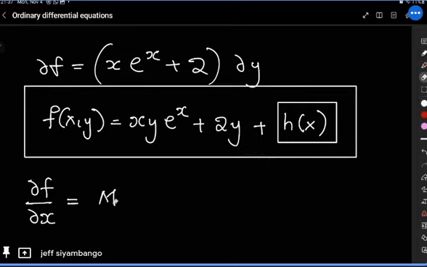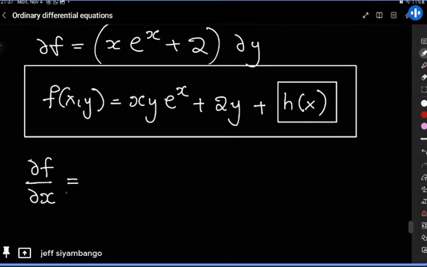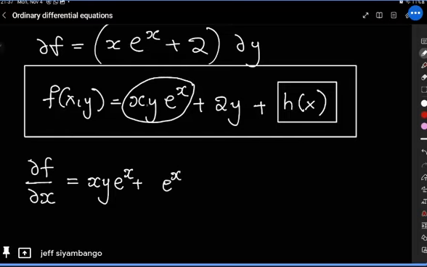So when you differentiate this rough picture of f with respect to x, we see that we have to do it by product rule. First I'll keep xy, differentiate e to the x, I'll get e to the x, plus, now I'll keep e to the x, and differentiate xy with respect to x.